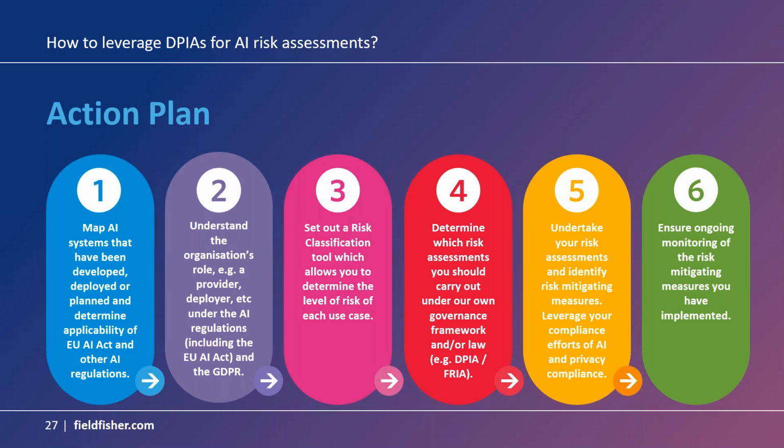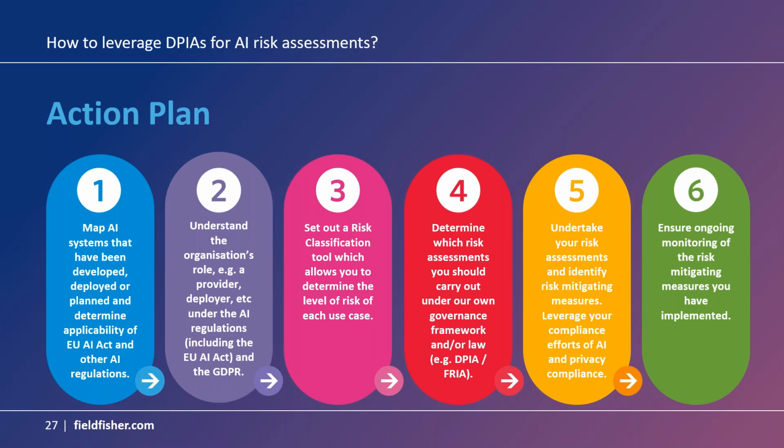And then part 5 is undertaking your assessments and identifying what risk mitigation measures you need to put in place. And there again, looking to leverage as far as possible your compliance efforts that are already in place from a privacy governance perspective. And then ongoing monitoring is obviously key.